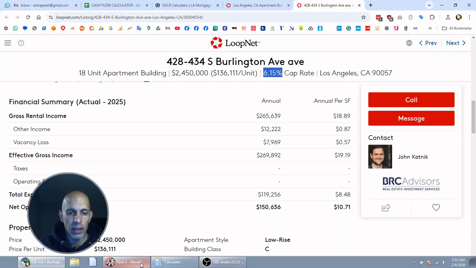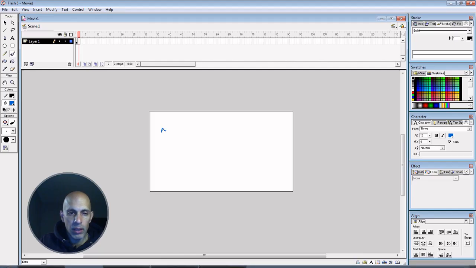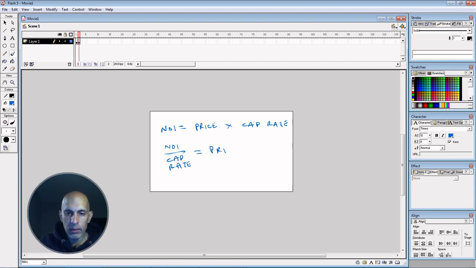So we're looking at NOI is equal to price times cap rate. NOI over cap rate is equal to price.